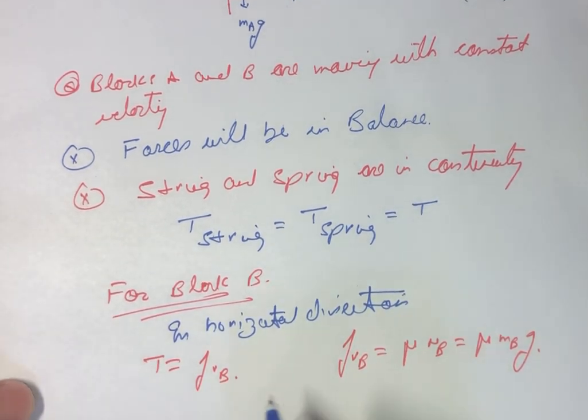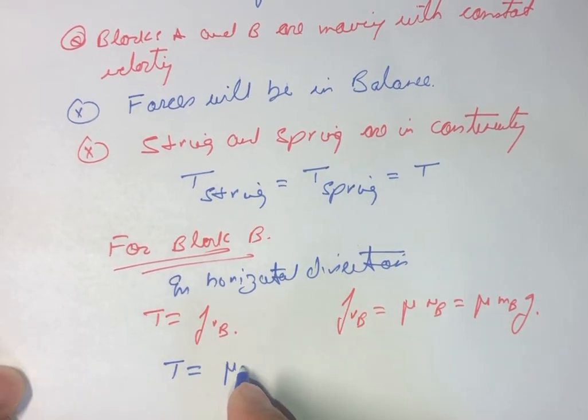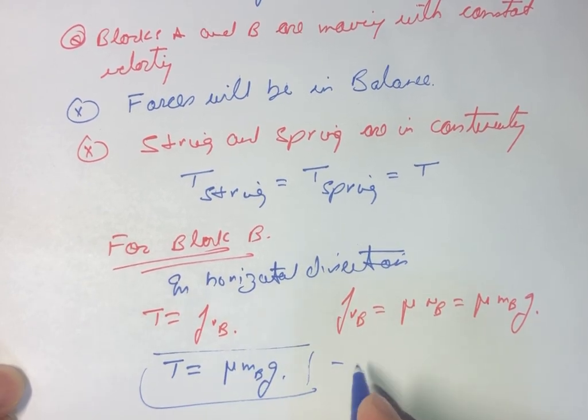So we can write our tension T is equal to mu MBG. Let us call this equation number 1.